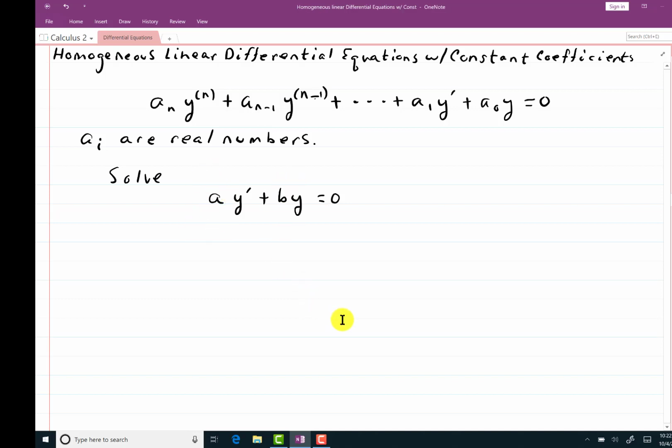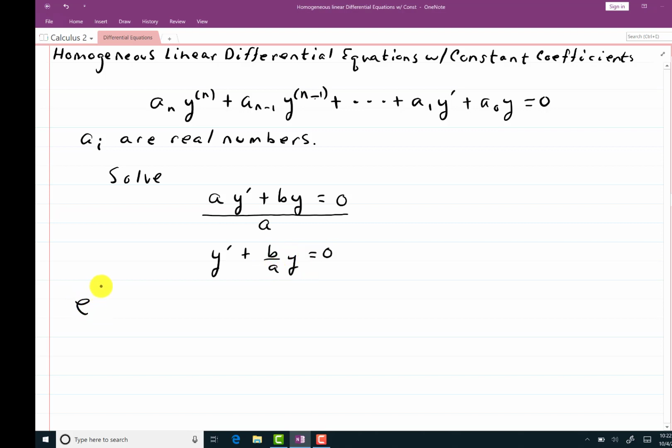A and b are real numbers, so I'll use e. Before you do any kind of an integrating factor, you need to divide first by a, and we're left with y prime plus b over a y equals 0.